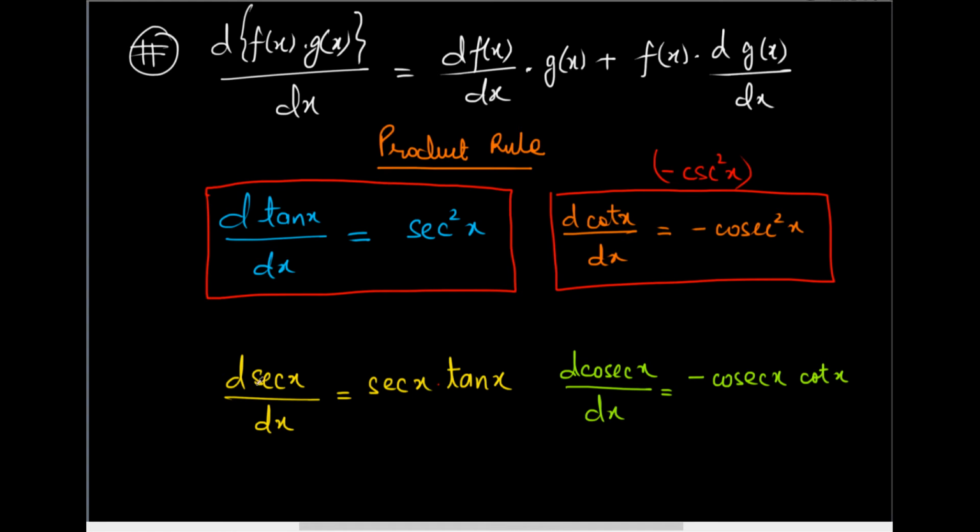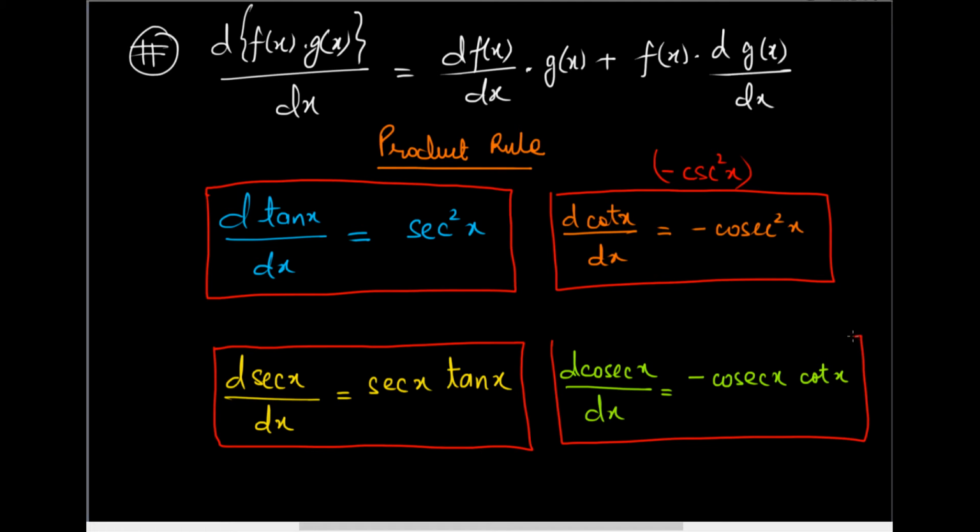So this is the derivative of secant of x. This formula we have to keep in the back of our mind so that we can use it whenever needed. And the derivative of cosecant of x equals negative cosecant x times cot x.